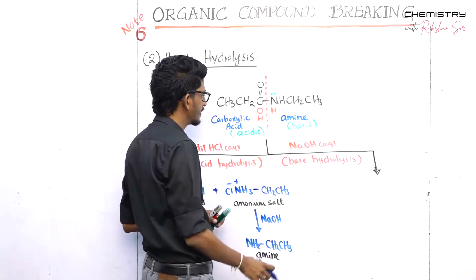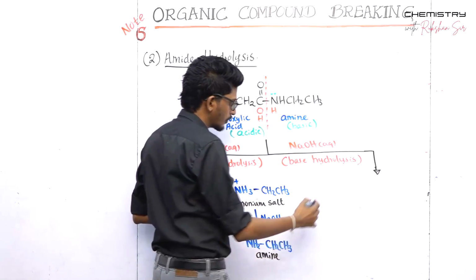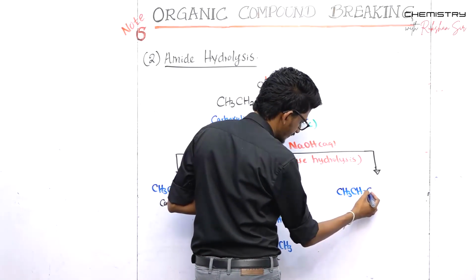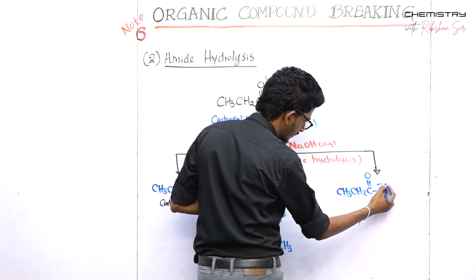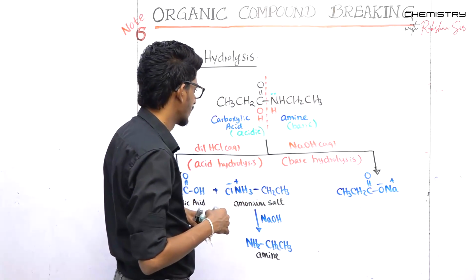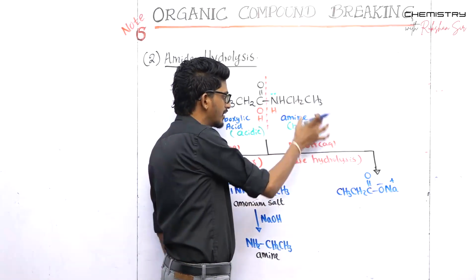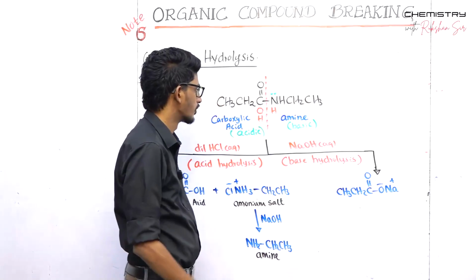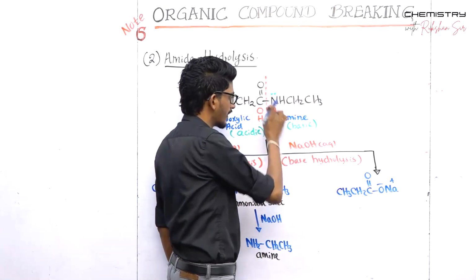You won't get the carboxylic acid with base hydrolysis reactions. You get the carboxylate salt there. And as amines are basic, the basic amine won't react with bases, so the amine will stand as it is.